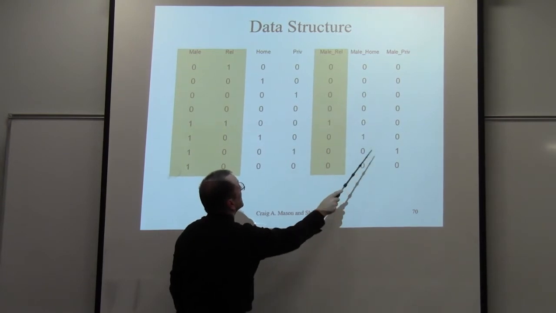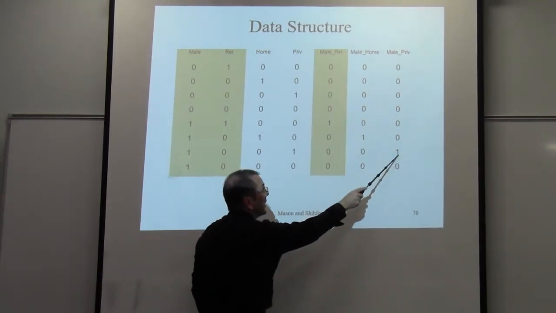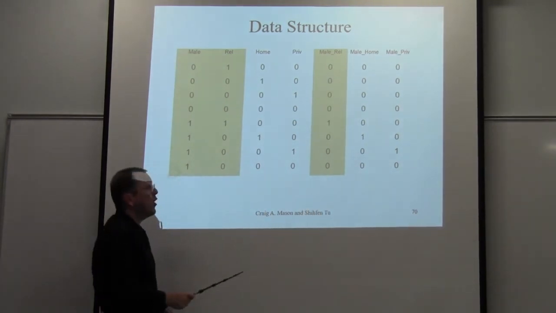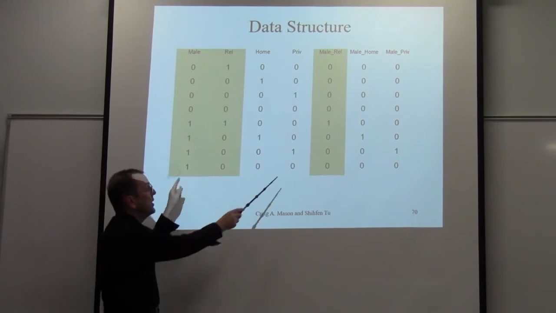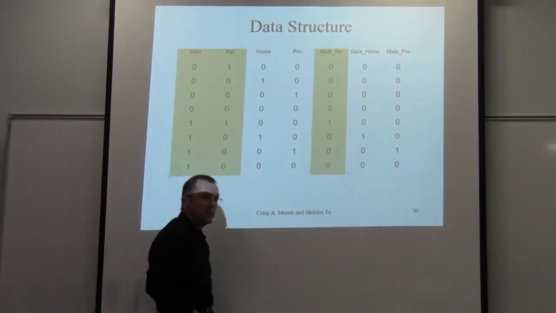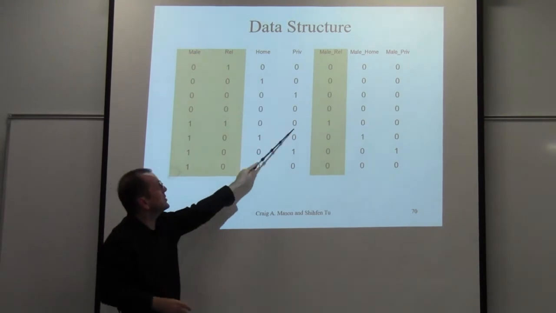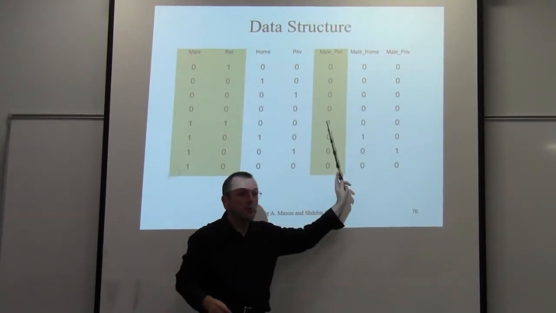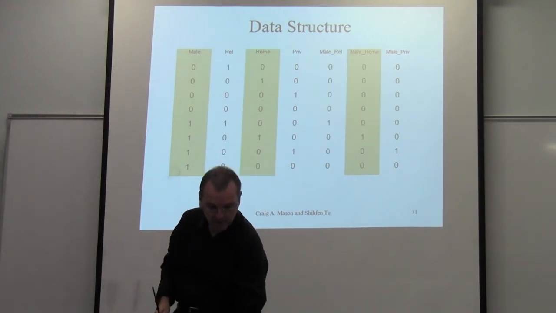Male times private is 1 times 1, so that's 1. And then for the public school, it's going to be male 1 times 0, 1 times 0, 1 times 0. You see how it's very straightforward. You just multiply male times each of those and we're making three brand new variables that are our interaction.